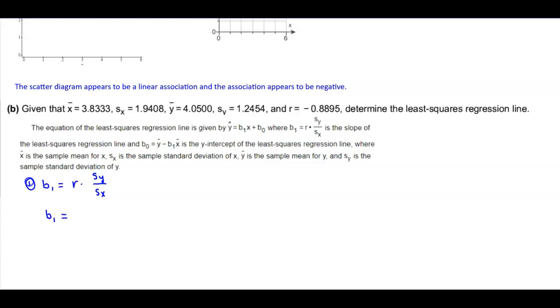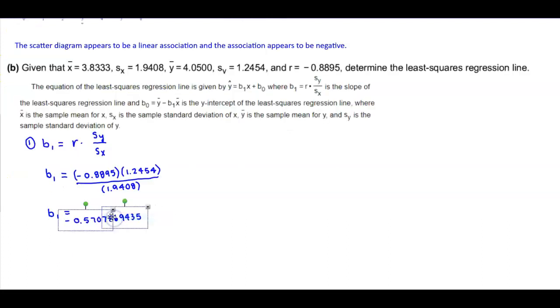So we know that b1 is going to equal r, which is negative 0.8895, multiplied by the standard deviation of y, which is 1.2454. And then when we multiply those together, we're going to divide it by the standard deviation of x, which is 1.9408. Okay, so we multiply those all out.